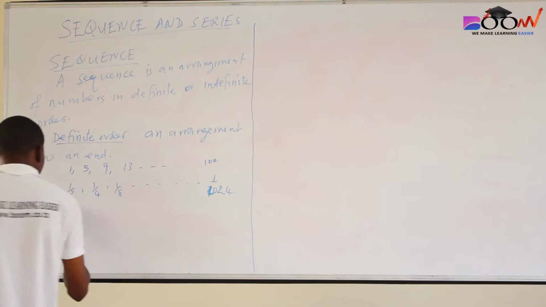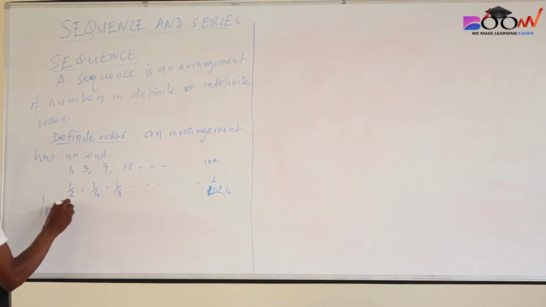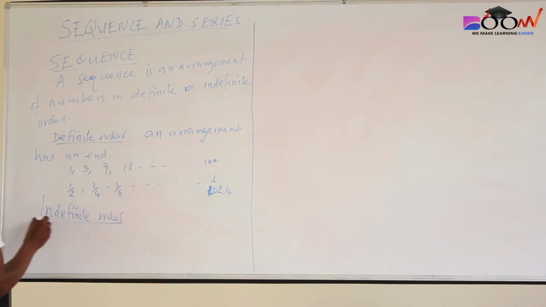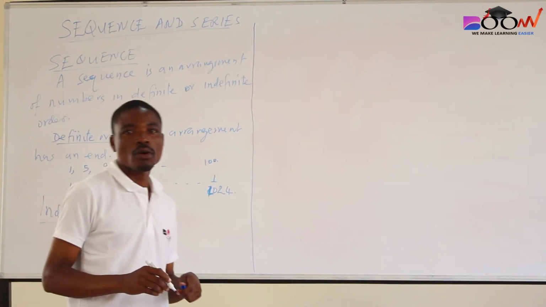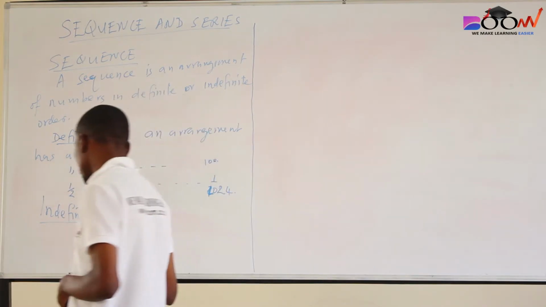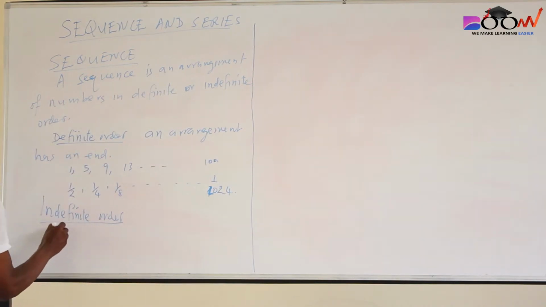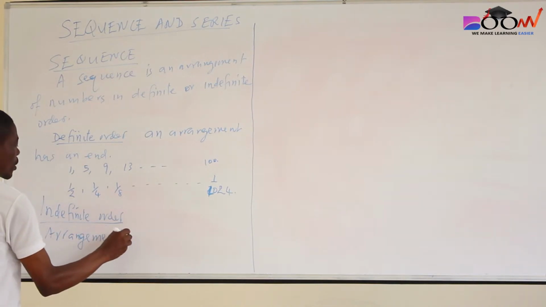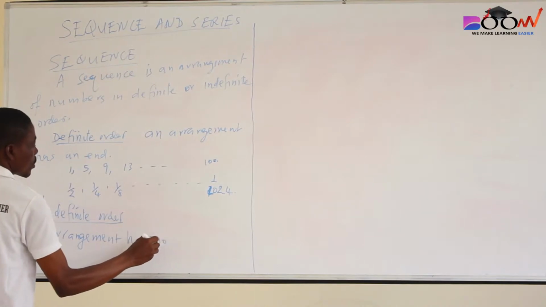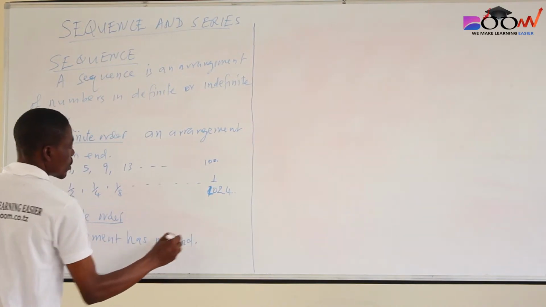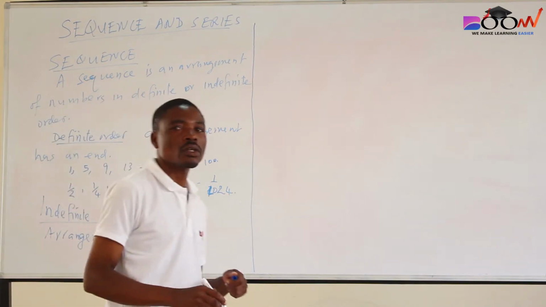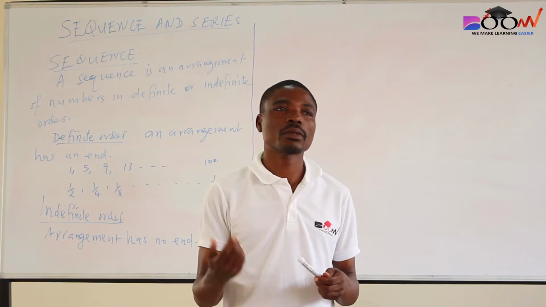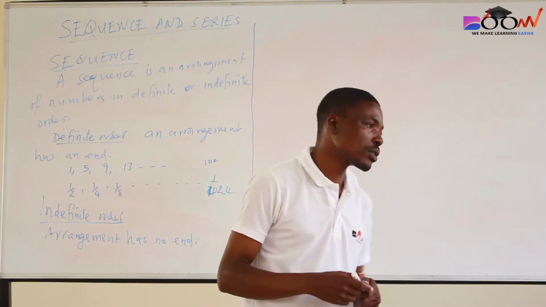But for the case of indefinite order, that is an arrangement with no end. When we arrange the numbers, we cannot find the end, because now you've got a lot of numbers with so many digits.